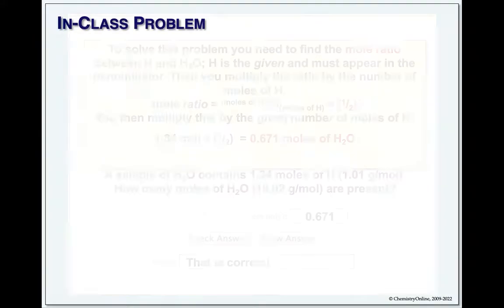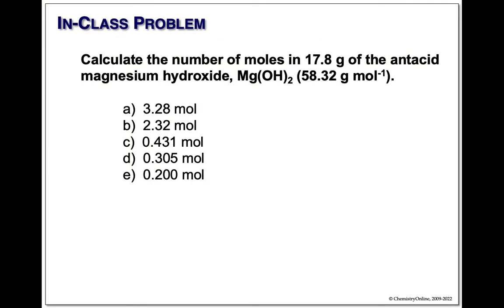Let's look at some old exam questions. Calculate the number of moles in 17.8 grams of magnesium hydroxide. That's Mg(OH)2. Every hydroxide is -1. Every magnesium is +2. Well, okay.